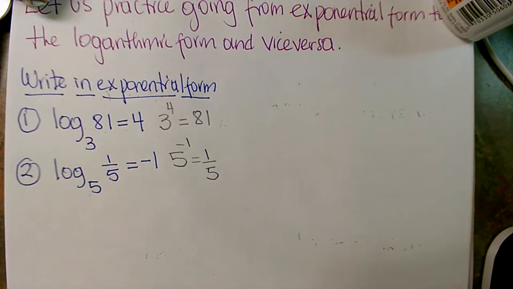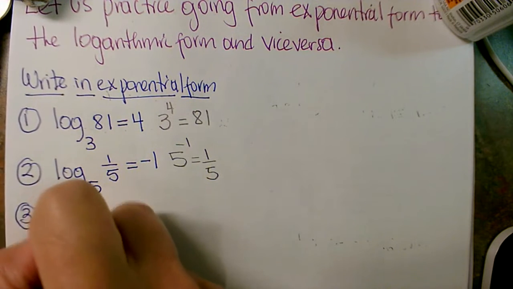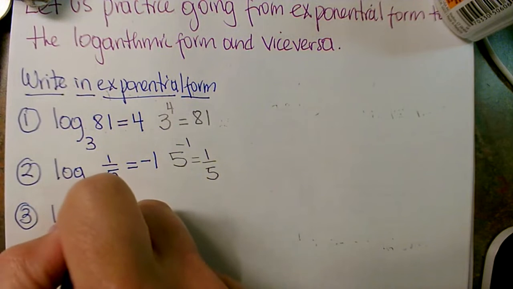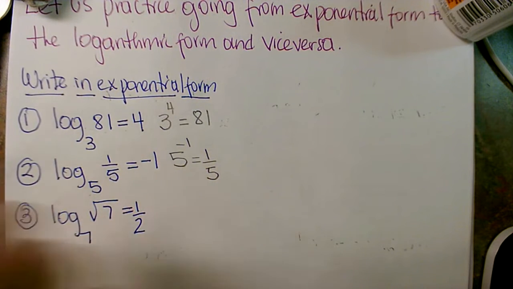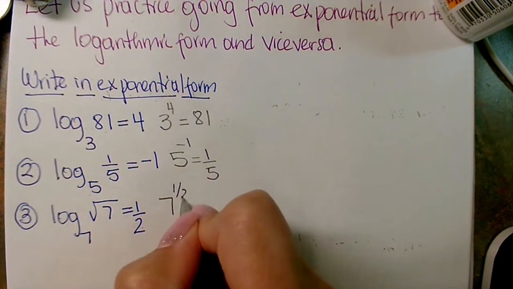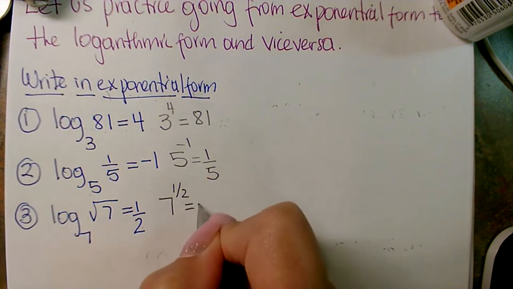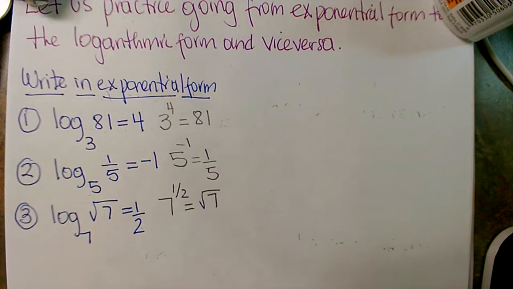There we go. Log base 7 of the square root of 7 equals 1/2. Okay, base 7, 1/2 is the answer, my exponent, equal to the square root of 7, right?